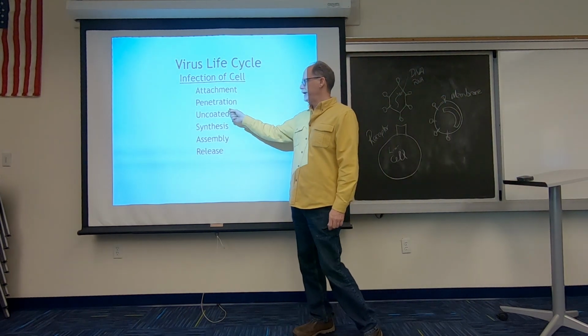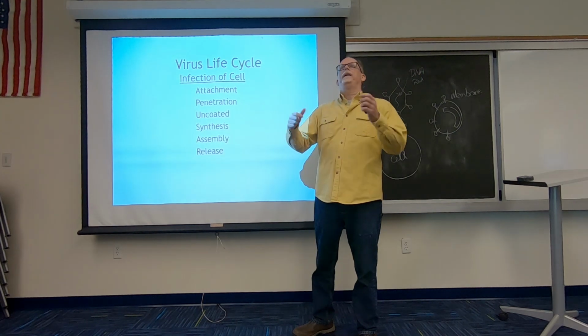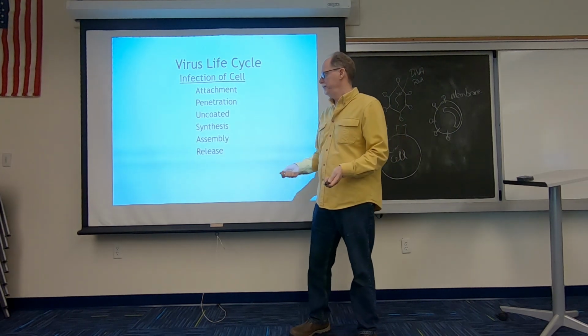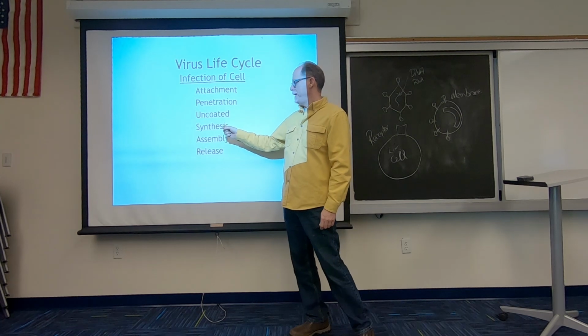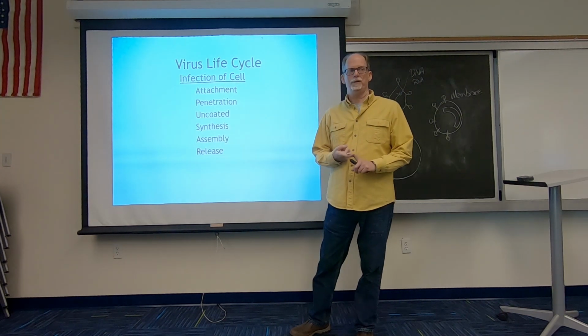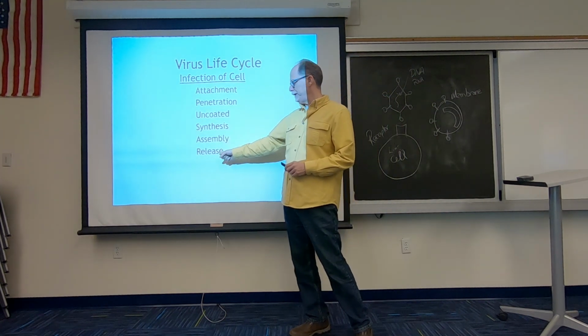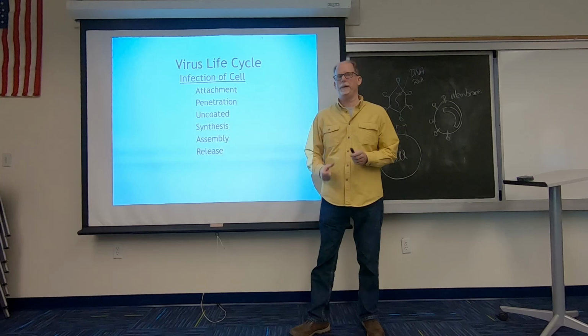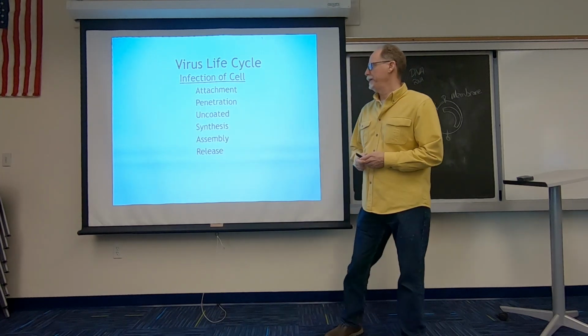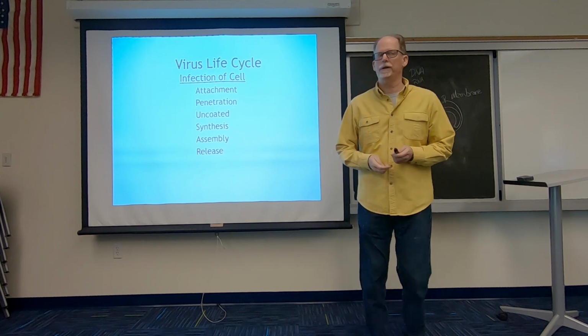Once it attaches, then it wants to get inside the cell. Once it's inside the cell, it comes apart, and then you express or synthesize all the proteins of the virus. Then all those proteins come together to make the virus, and then the virus is released by whatever cell it infected.